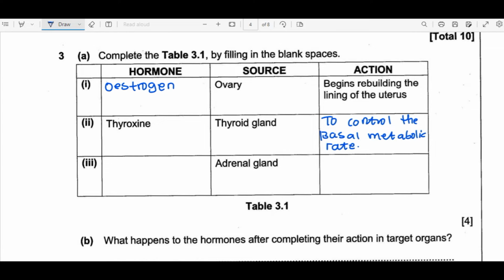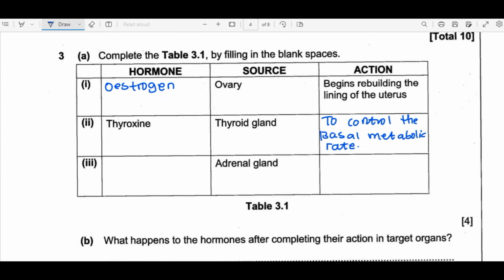So if you look at an endocrine system, we are looking at a system that does a certain coordination. Now this system, the message is done via hormones. Under the endocrine system, we are expected at least to have the master gland, which is the pituitary gland, then the hormones produced by the pituitary gland.